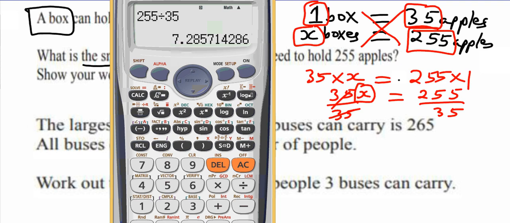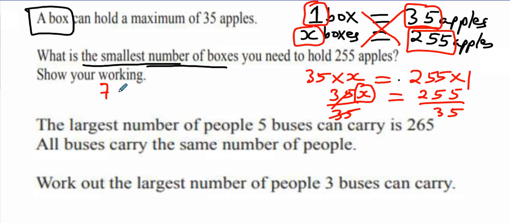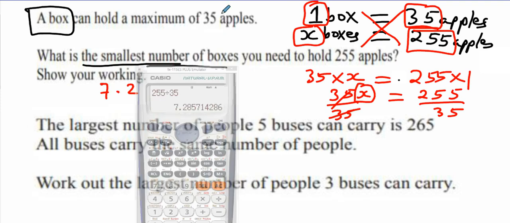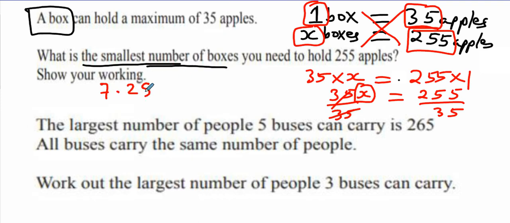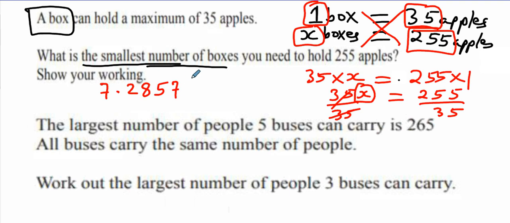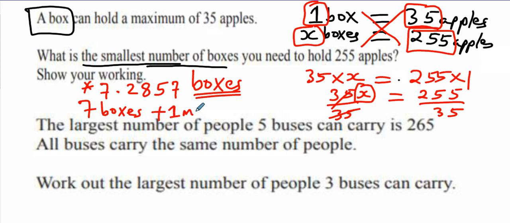So you take the whole number, 7 boxes, plus one more box, because the number of boxes cannot be a decimal.